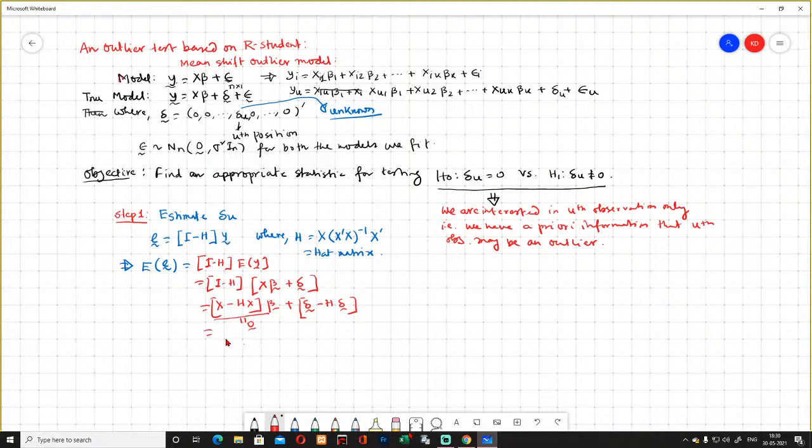So this equals delta curl minus H delta curl. This is nothing but I write that I minus X (X prime X) whole inverse X prime, delta curl.